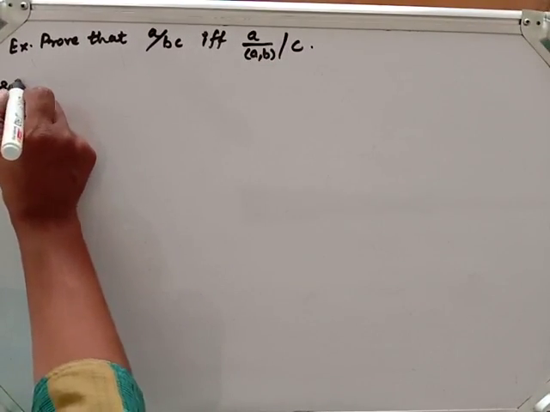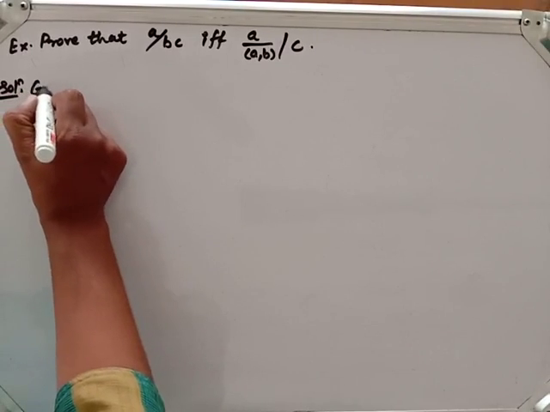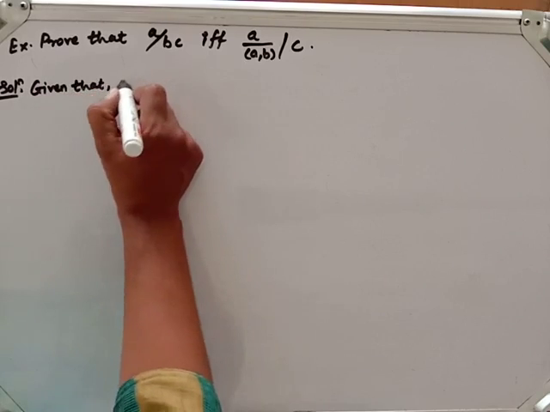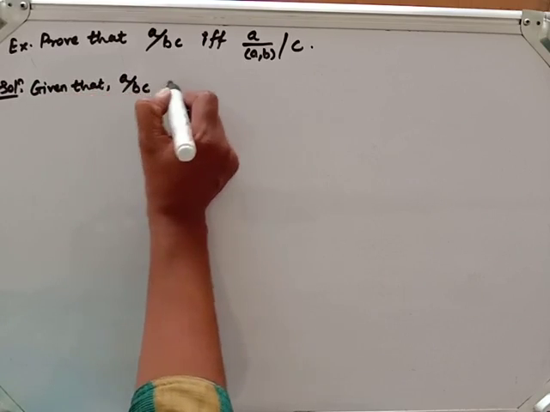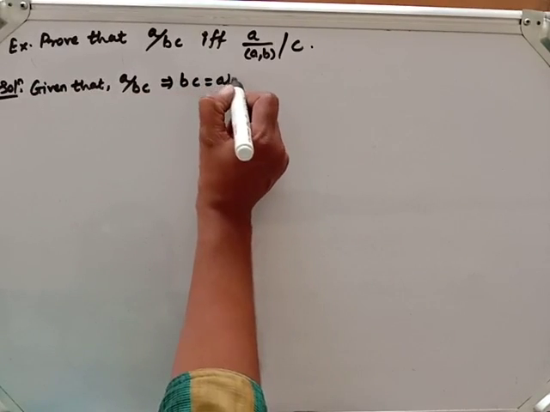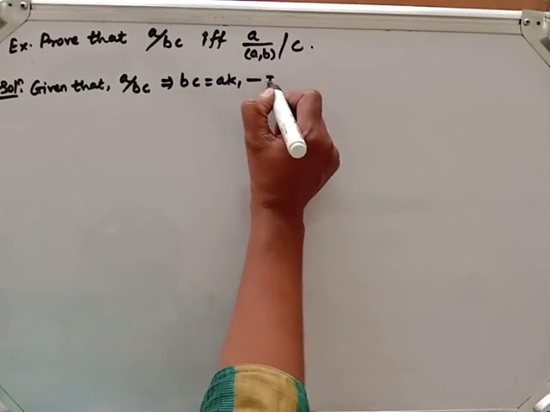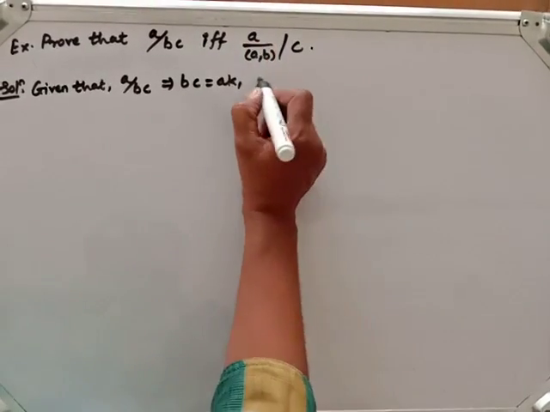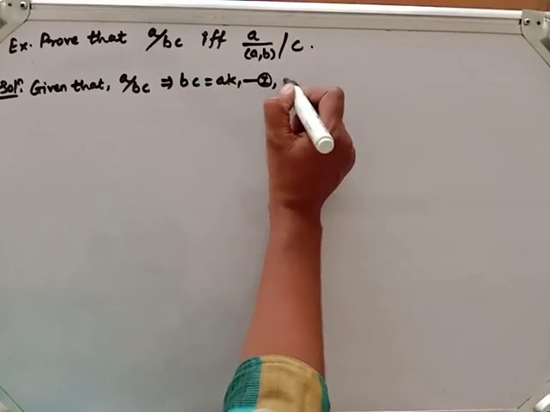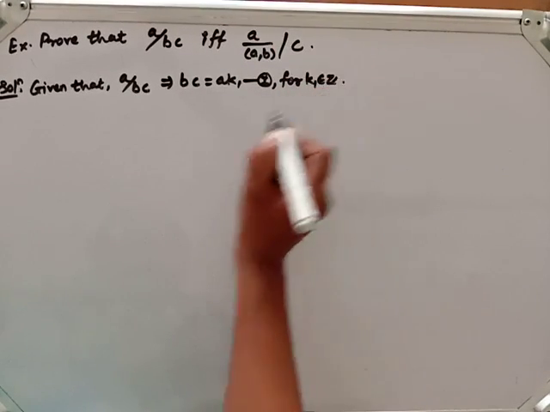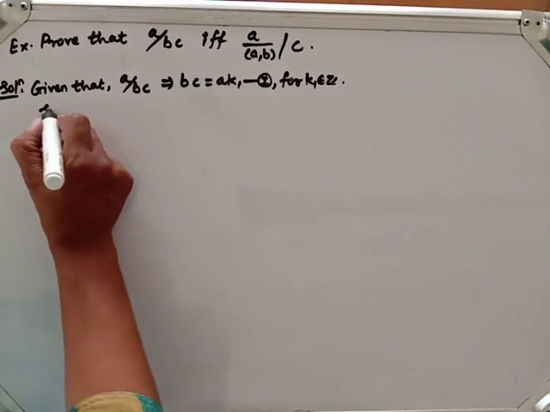So solution of this one, given that A divides BC. So A divides BC, so that gives BC is equal to AK1. Call it equation number 1, for k1 belonging to some integer.